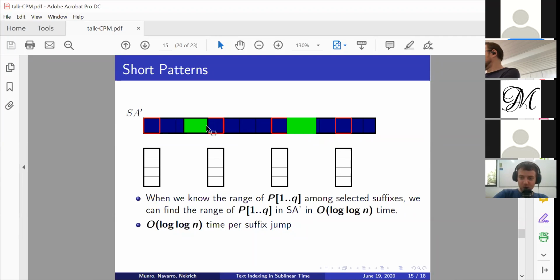And those are just areas between two selected suffixes. So the length of this interval in the suffix array SA prime is polylogarithmic. And again, if we do binary search, the time to finish this search and to find the exact suffix range of P1Q will be log n.